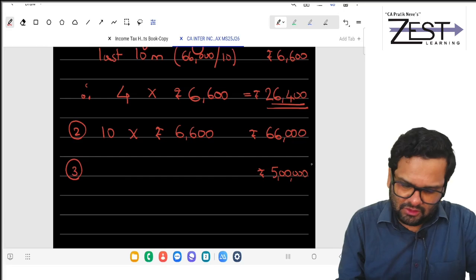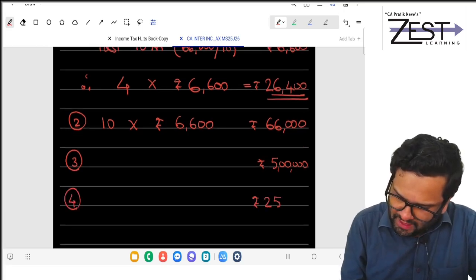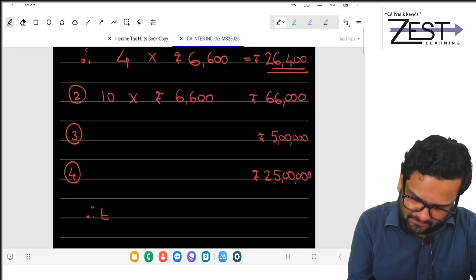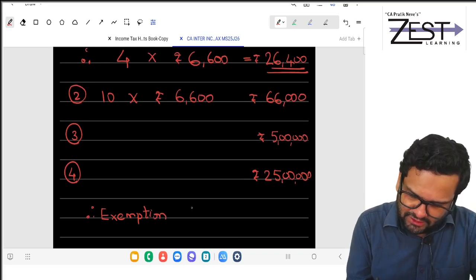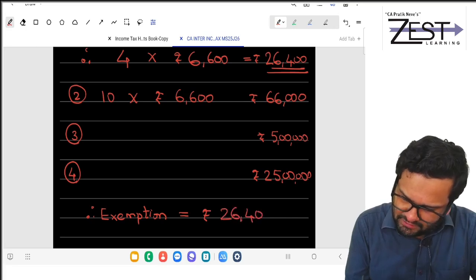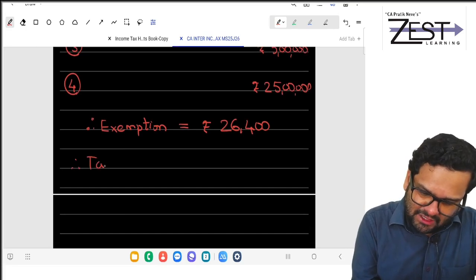And fourth, what is the statutory limit? 25 lakhs. So what is your exemption finally? Therefore, exemption will be equal to 26,400.